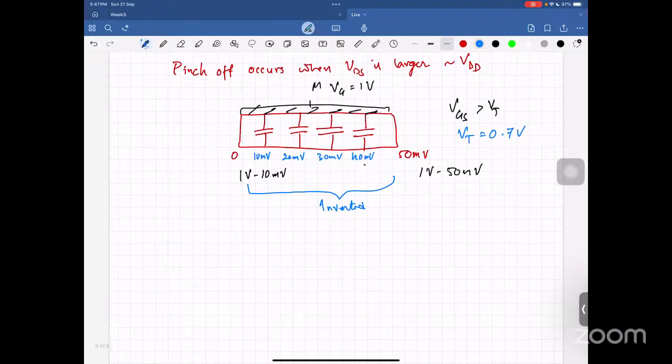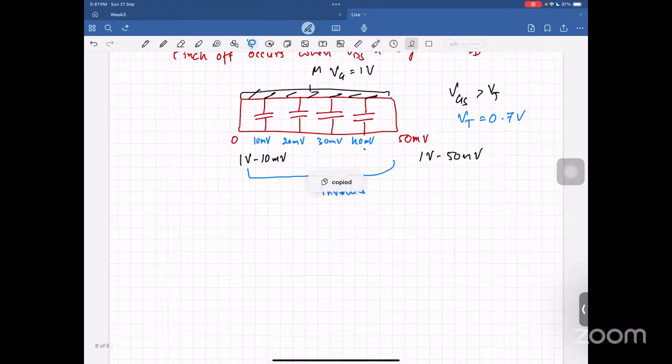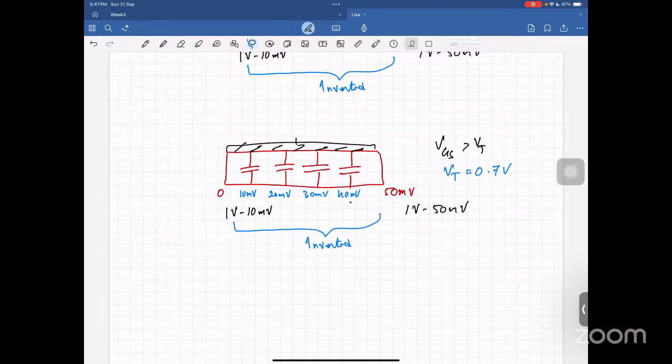So again, I'll do the same thing here. Same situation, except that I'll modify my drain voltage.